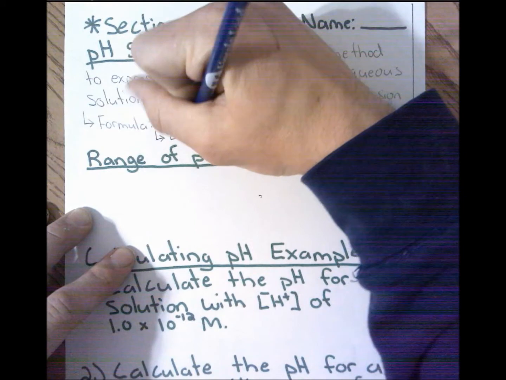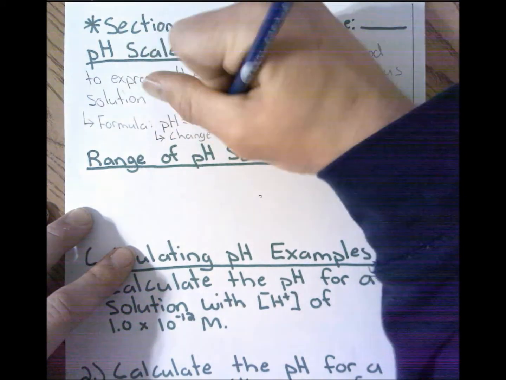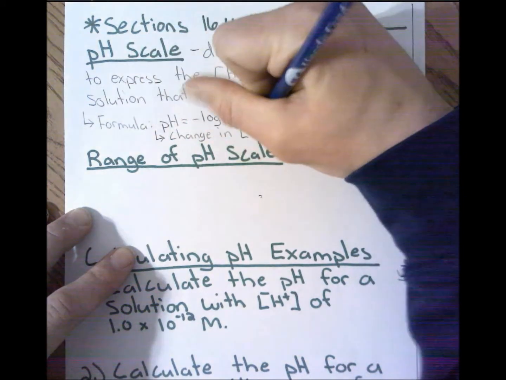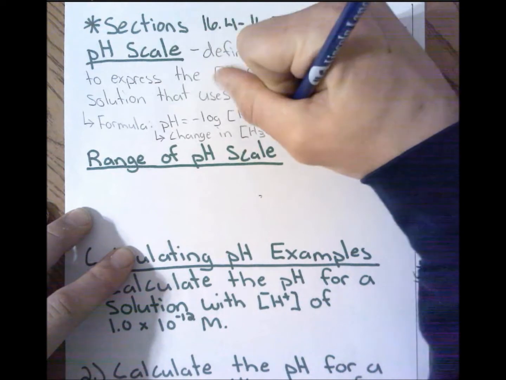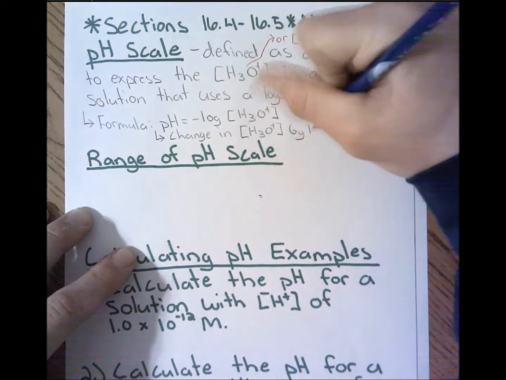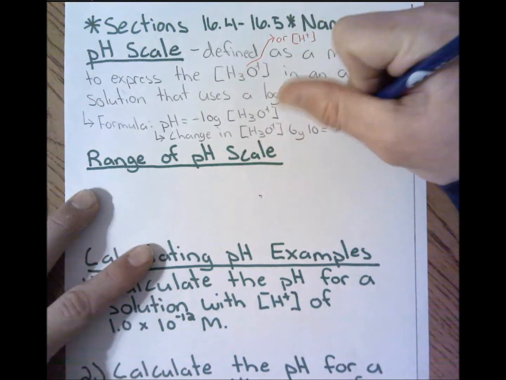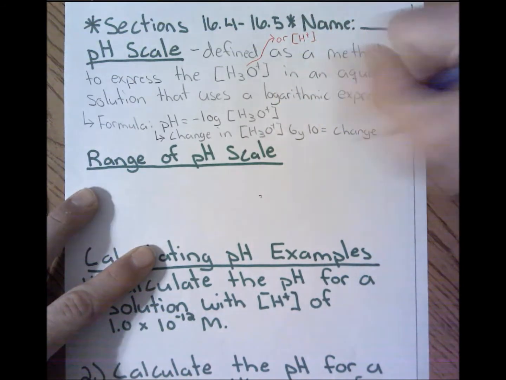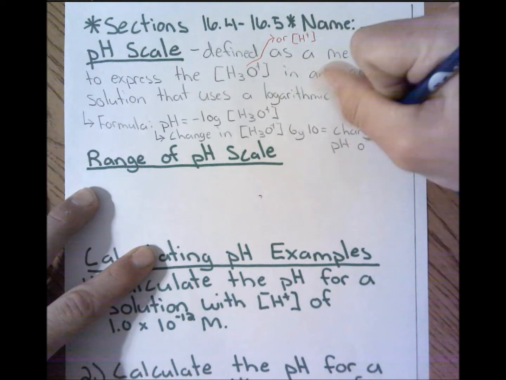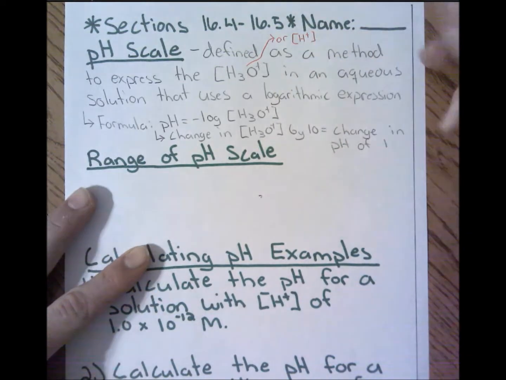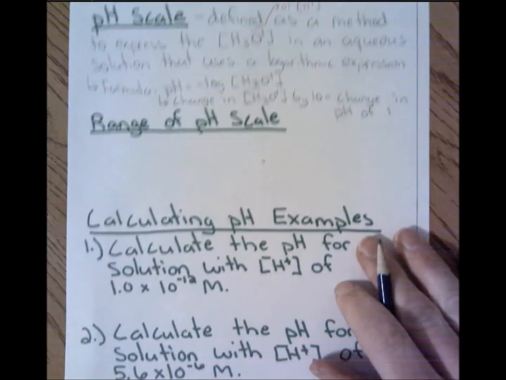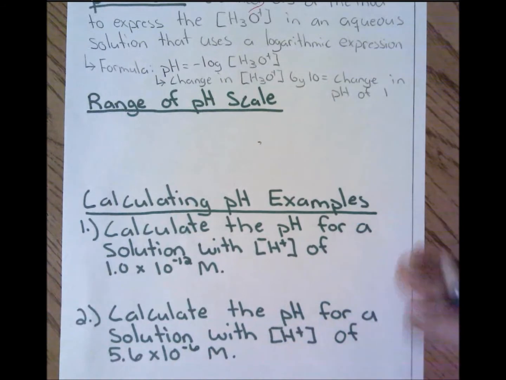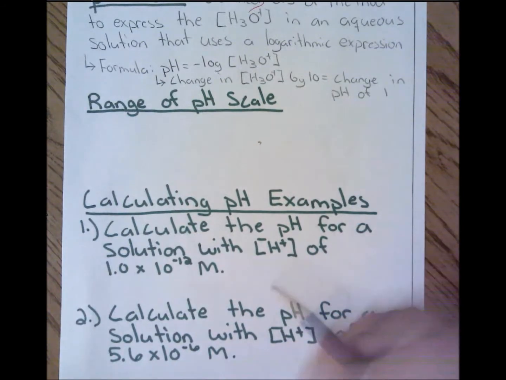A change in the concentration of hydronium ions by 10 equals a change in pH of 1.